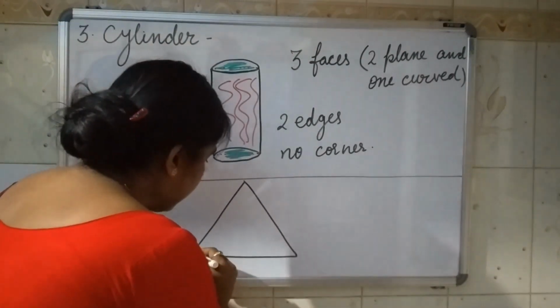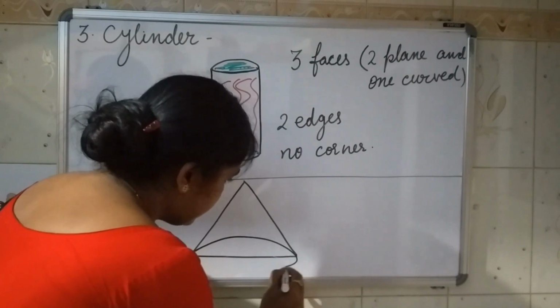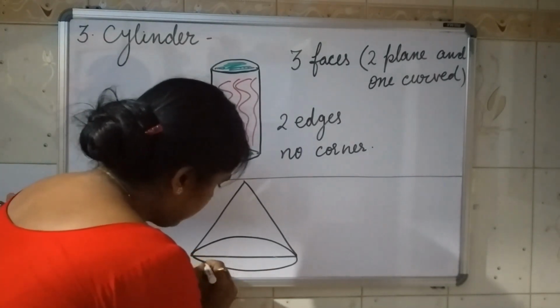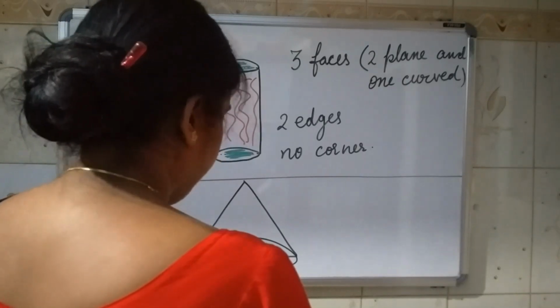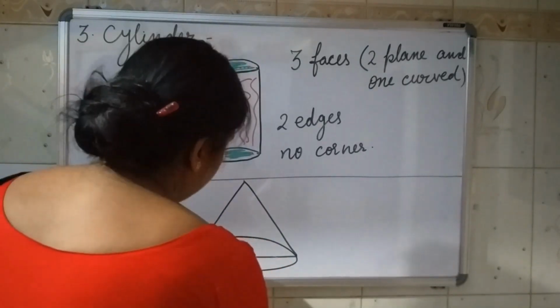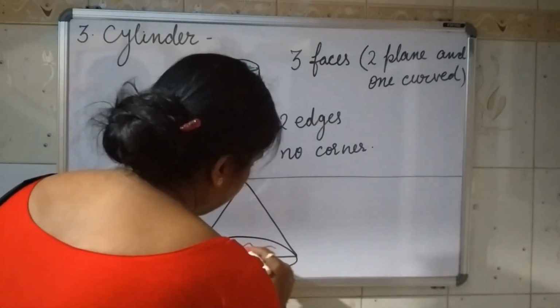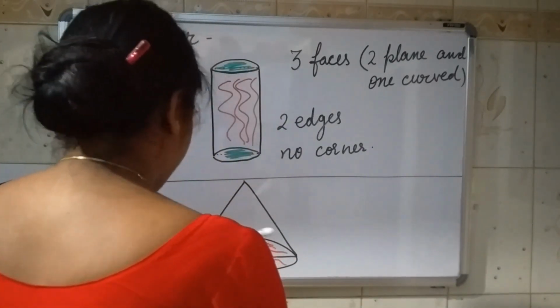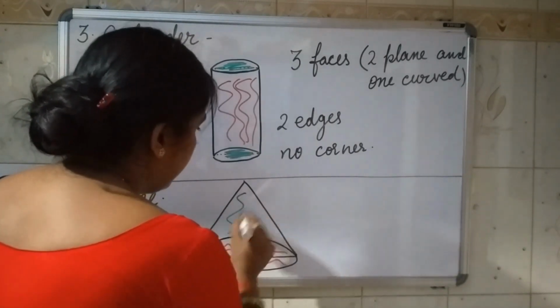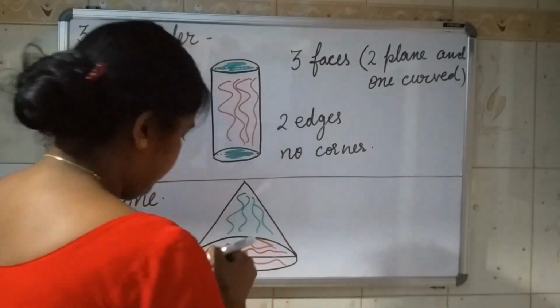And after drawing the isosceles triangle, we have to draw the circle below this. Okay? Now the same part, you have to color it. This bottom face you color with one color, okay? Fine. And then your front view you have to color with the green color. This is the plane surface.